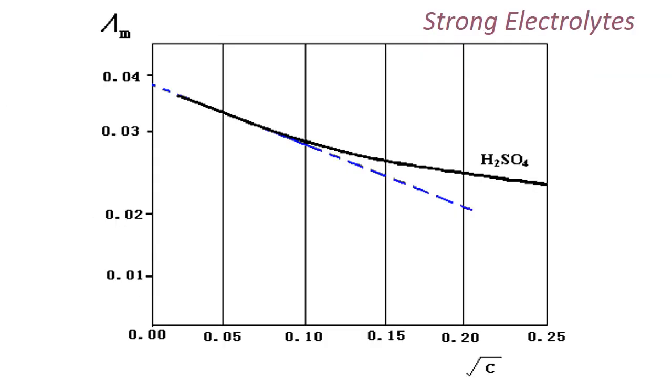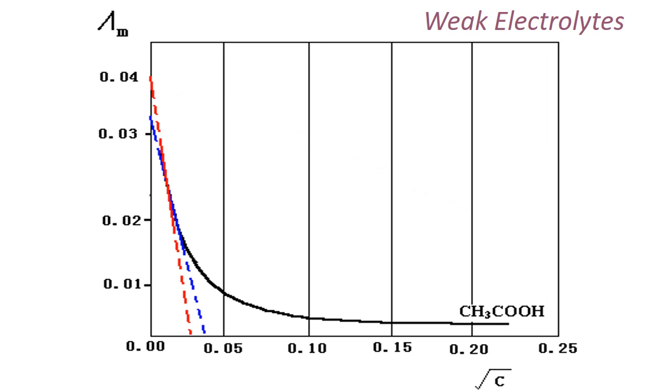Let us see the graph of strong electrolyte only. Here we can observe that when we increase the concentration, the molar conductivity decreases, while at infinite dilution, nearest to zero, the value is highest. Now if we see the graph for weak electrolyte, then the results are very different.